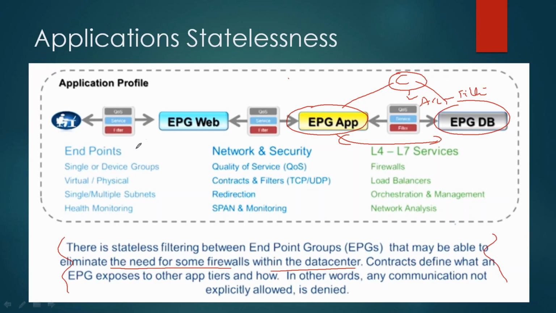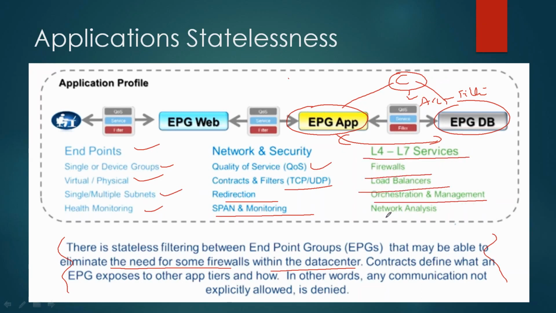Now you can see that you have the endpoint that is a single or device group. Endpoints may be virtual, may be physical, single or multiple subnets, health monitoring, network security, QoS, TCP, UDP, redirection, SPANs, L4, L7 services like firewalls, load balancers, orchestration, and management network analysis.